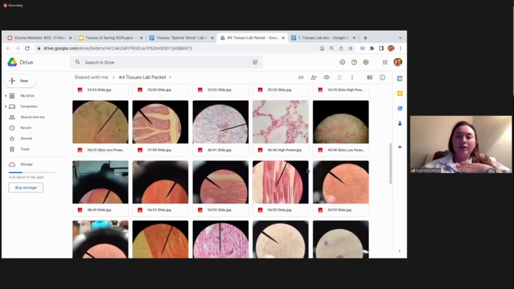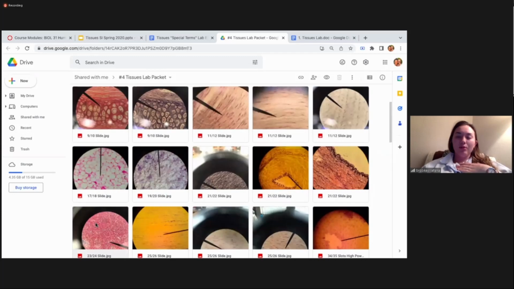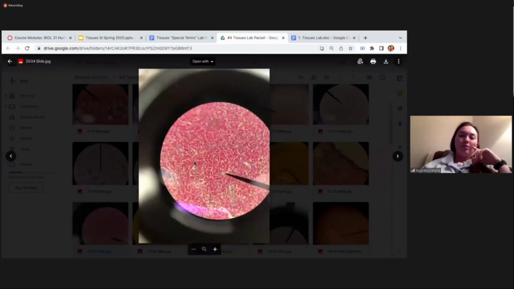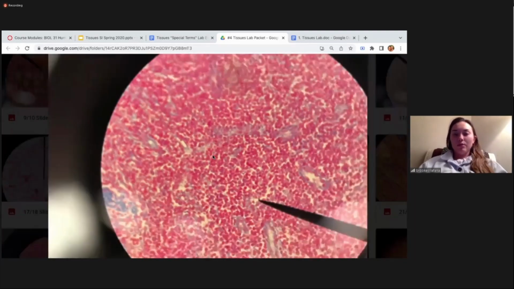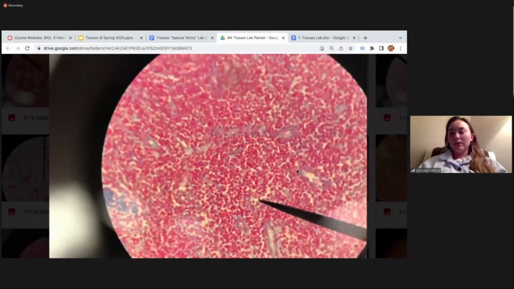If we look at an example a little closer, this is another example of our loose reticular. Do we see how it's little cells all over the whole slide? Usually someone will ask me, what are these little blue structures? Those are the actual reticular fibers.